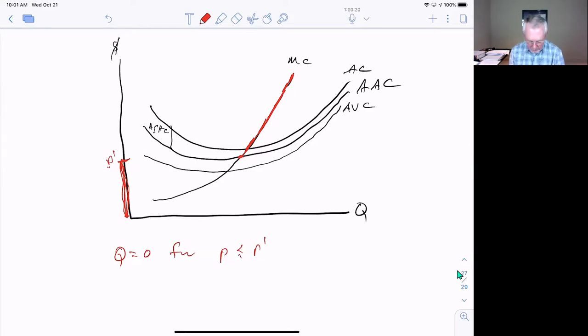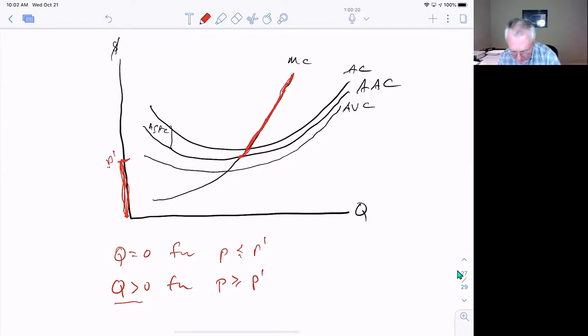And Q will be positive, and this is what we want to derive the equation for, for any P that is at least as great as P prime. And this relationship is what I want to observe here. I want to focus on this section of the marginal cost curve above that minimum average avoidable cost. So let's look at this.